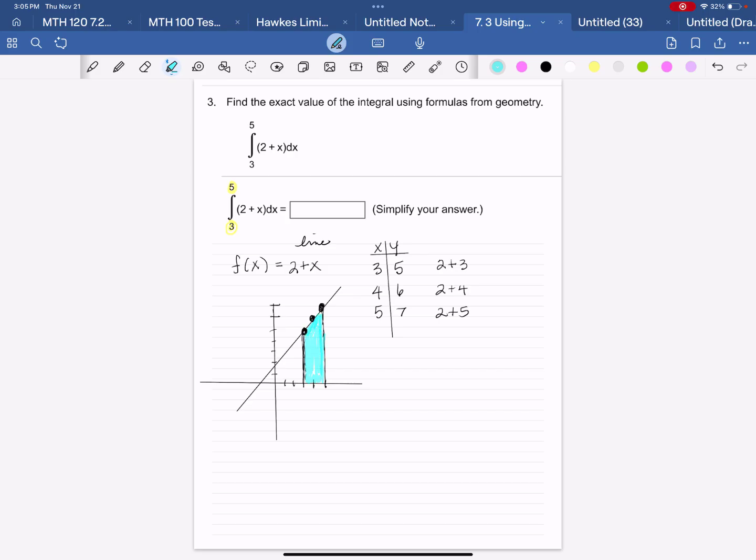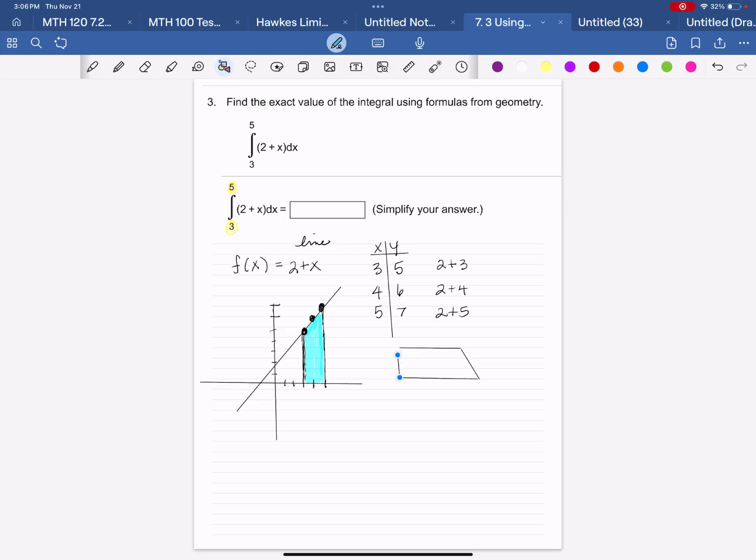Well, that shape is a trapezoid. So let's review what a trapezoid is. A trapezoid is a shape that has 2 parallel sides and 2 sides that are not parallel.